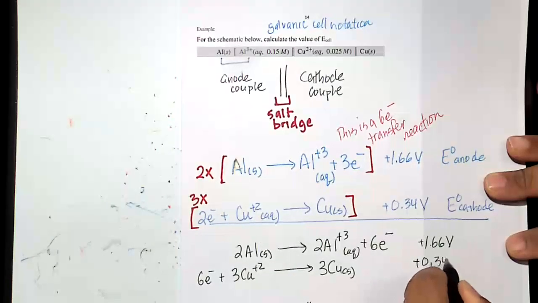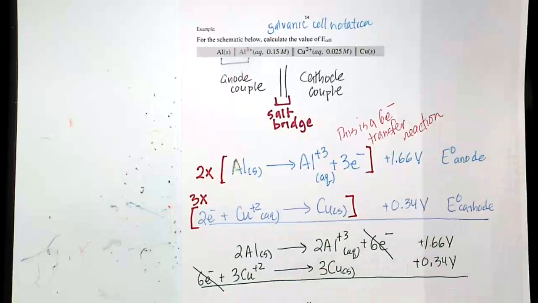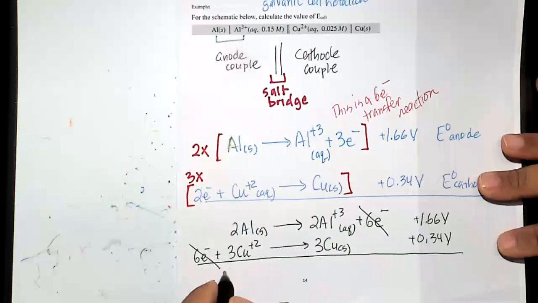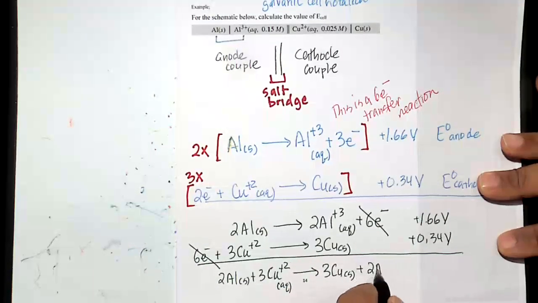This is positive 0.34 volts. And I'm getting 2 Al solid plus 3 copper plus 2 aqueous goes to 3 Cu solid plus 2 Al plus 3 aqueous.